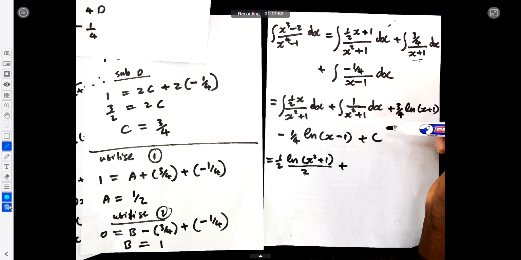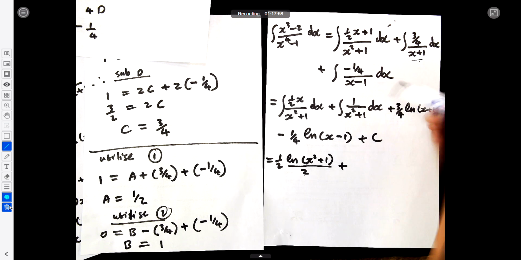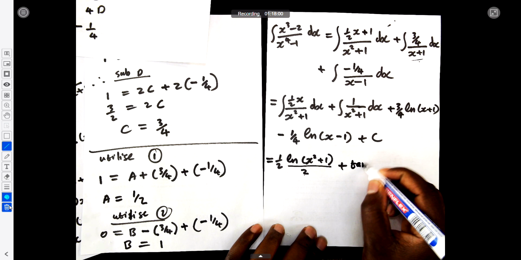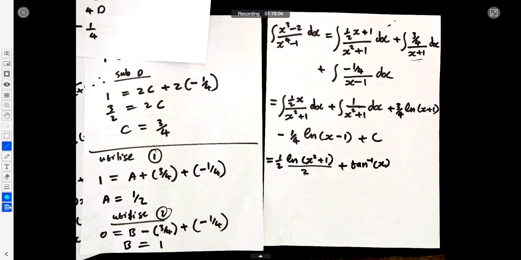So we have x squared plus a squared, and that is the inverse: it's arctan x, so it's x over 1, that is arctan x.